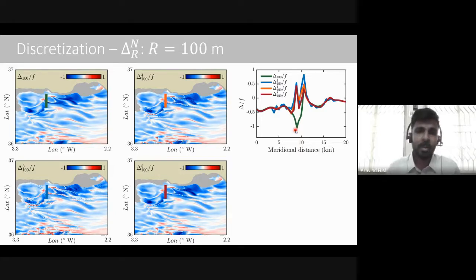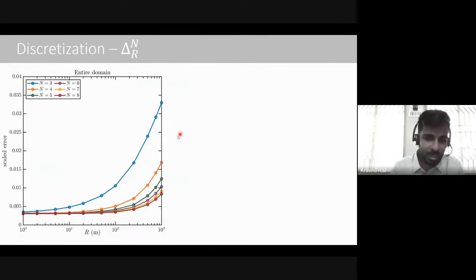We'll see that soon. So now if I try to quantify this error because of discretization, we see that the error increases as a function of r and decreases as a function of n. Essentially, if I increase the number of drifters per measurement, the error decreases, but as we increase the size of the initial fluid patch, the error as a result of discretization alone increases.